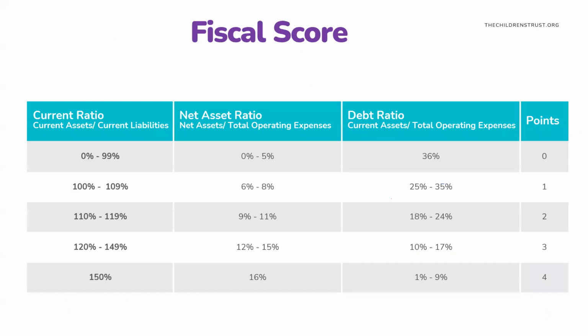We measure this by assessing the current ratio, net assets as a percentage of annual expenses, and current liabilities as a percentage of the total annual expense. Each ratio is scored up to a total of 4 points, for a total of 12 points. For current providers, we are going to use your financial audit that we already have on file, combined with your program-specific audit to come up with a fiscal rating.